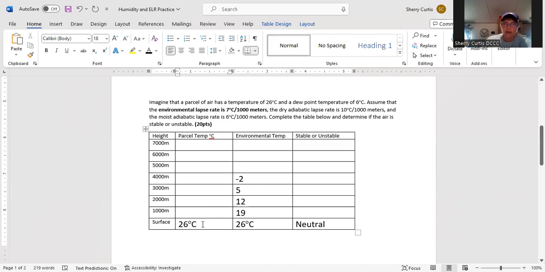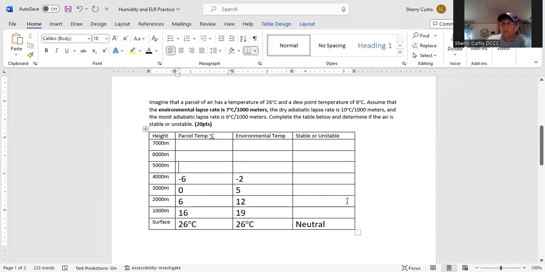So as long as the air is dry, meaning warmer than the dew point, we will subtract off 10. So we go up 1,000 meters at 16, we go up 2,000 meters at 6. Now we are at the dew point. This would be where your cloud base would start to form. So now instead of decreasing by 10, we will decrease by 6. So we'd be at 0, we'd be at -6, -12, and so on and so forth.